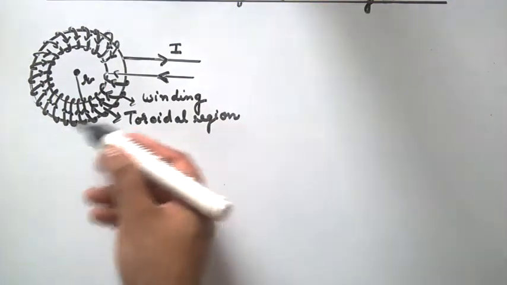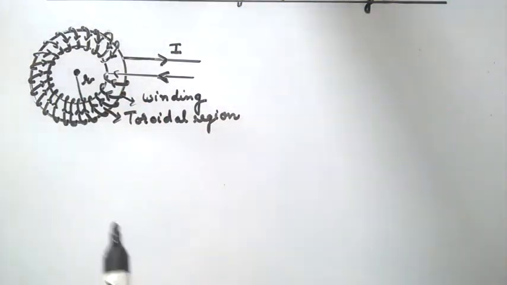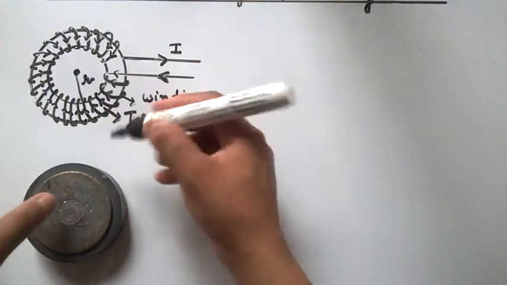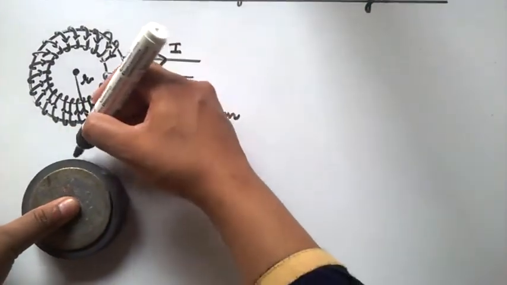Now let's divide this toroid into sections in order to calculate the value of magnetic field. So let's draw it again.